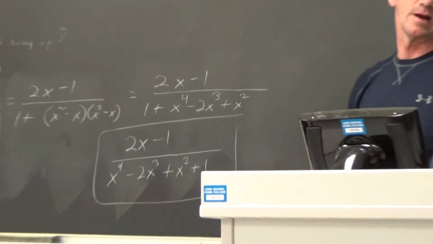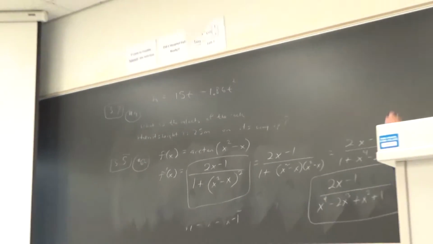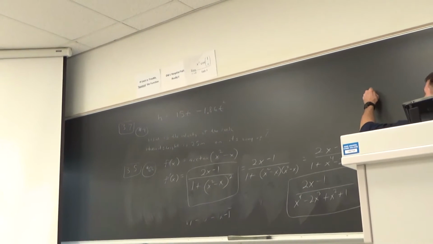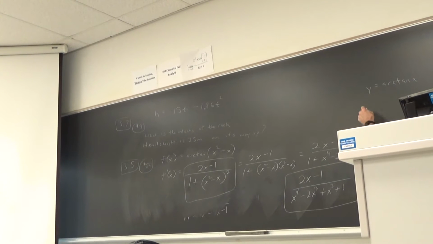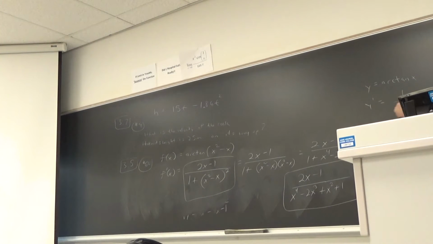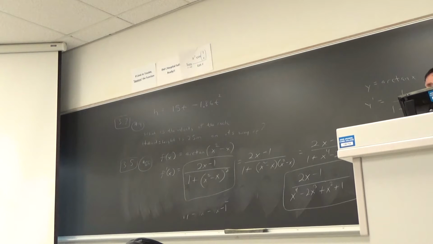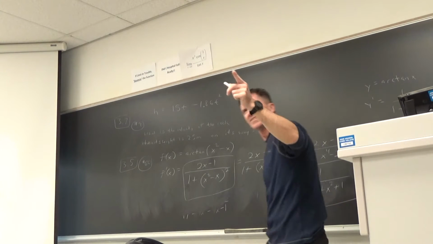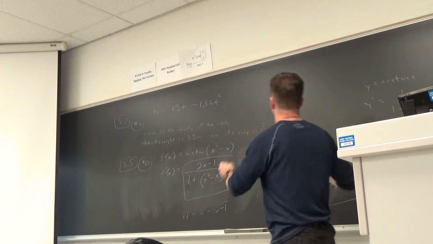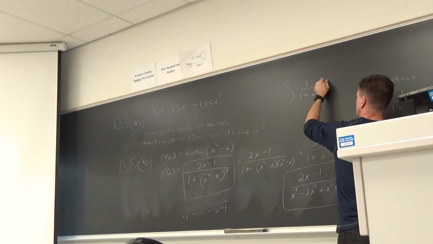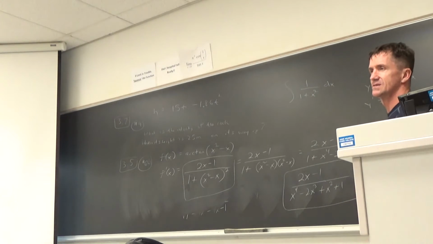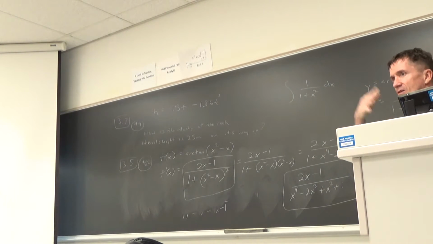And probably the funniest thing: most of the time in Calc 1, even Calc 2, you're just dealing with this lonely arctan x, and its derivative is just 1 over 1 plus x squared. Seriously. Later on, after July 4th, you and I will do the antiderivatives, and out of the blue this will pop up in the middle of all these problems.